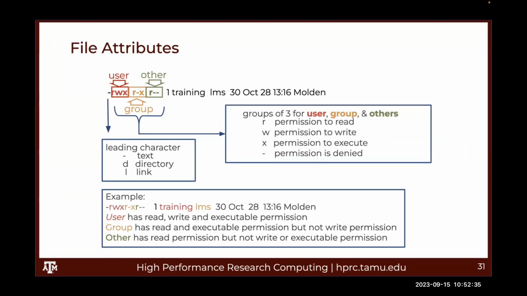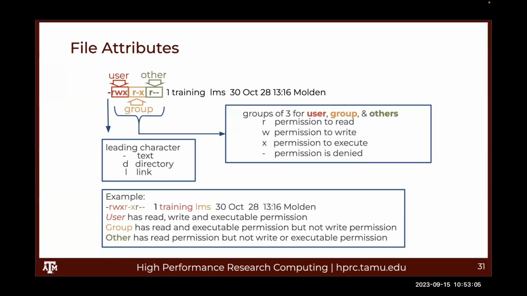So this is confusing to a lot of people. It's something that I still often have to look up if I'm changing permissions on something, is how this is formatted. So essentially, you have three different sections within your permissions. You'll have the user, the group, which is whatever group you belong to, and then others, so people outside of that group.